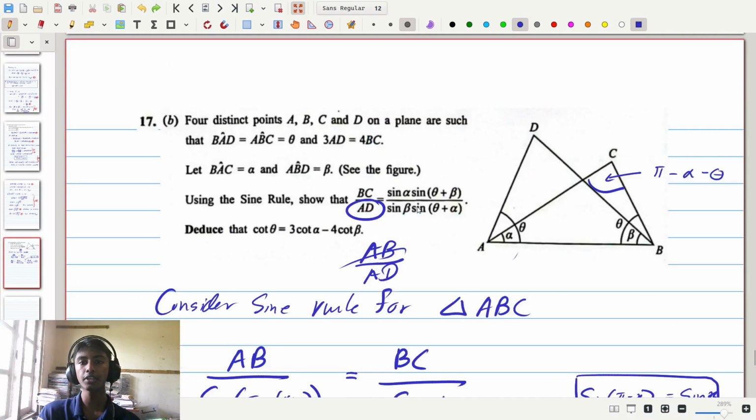So now if we consider how we can find that relationship of AB divided by AD by considering the triangle ABD, because if we do that, we will be able to use the sine rule to find AB divided by AD.